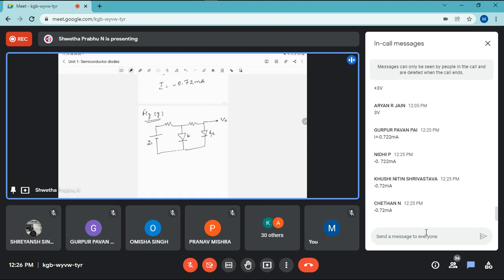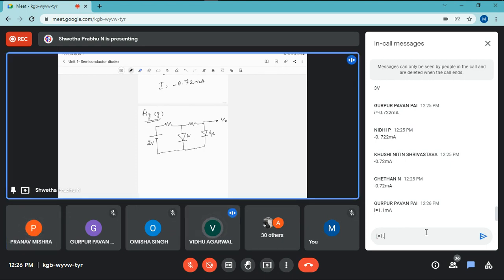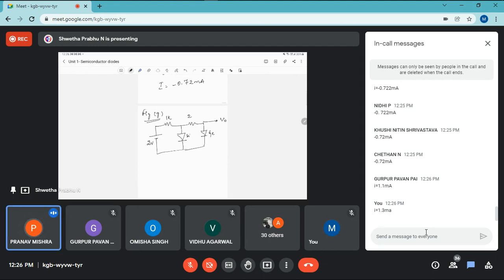I request others to answer. Ma'am, I is 1.3 milliampere. Only Omisha and Pawan are answering. I request others also to answer. I equal to 1.1 milliampere.